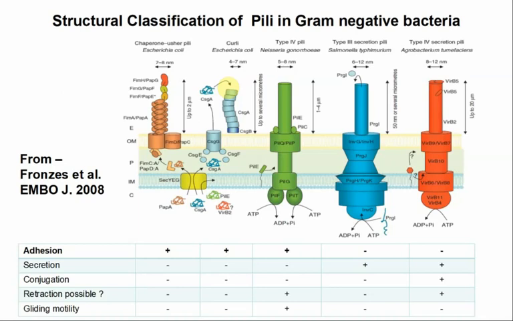What's very important here is that this process can be reversed. So that depending on signals coming into the bacterial cell, the type 4 pili can be extruded or they can be retracted. And this is very important because this allows the type 4 pili to be used for gliding motility, as we'll see in a minute.